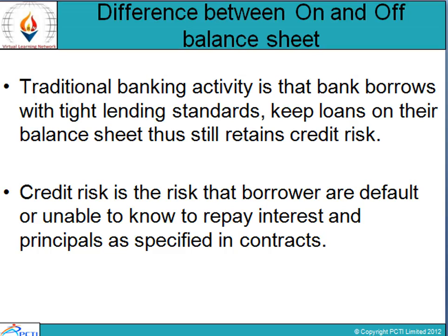When we say credit risk, it is that risk where there are possibilities that the borrowers may default or are unable to repay the interest and the principal which are specified in the contract. Now in contrast to loans, there is securitization which enables bank to remove the loans from the balance sheet, and that helps in transferring credit risk which is associated with those loans.